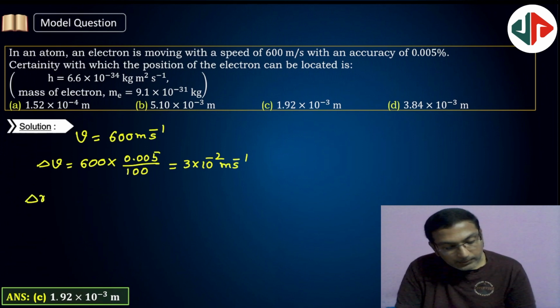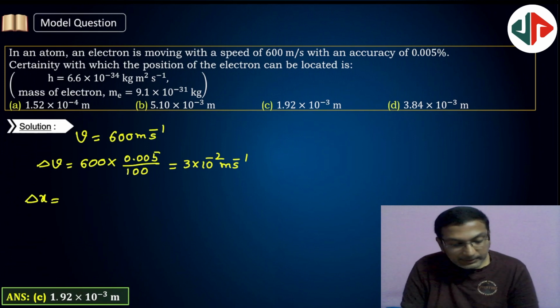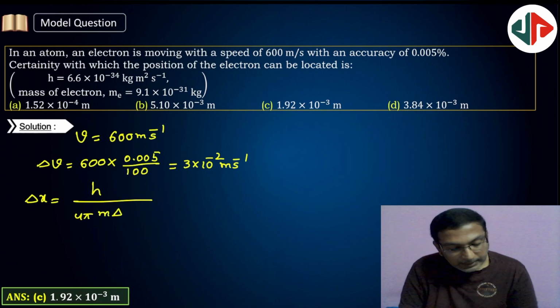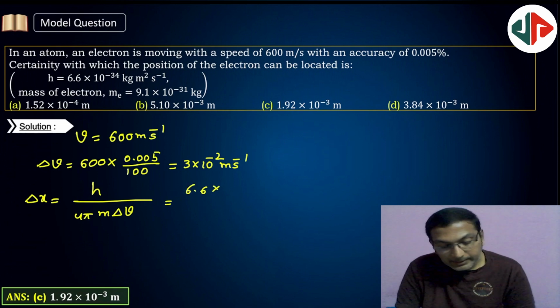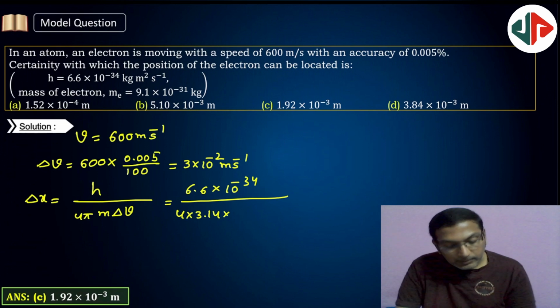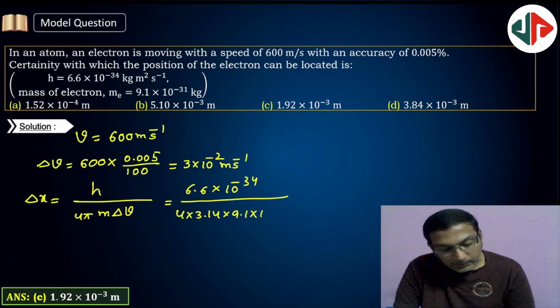Next, we know delta x equal to h by 4 pi m delta v. Substitute values here. 6.6 into 10 power minus 34 by 4 into 3.14 into, so mass is 9.1 into 10 power minus 31 into delta v, 3 into 10 power minus 2.